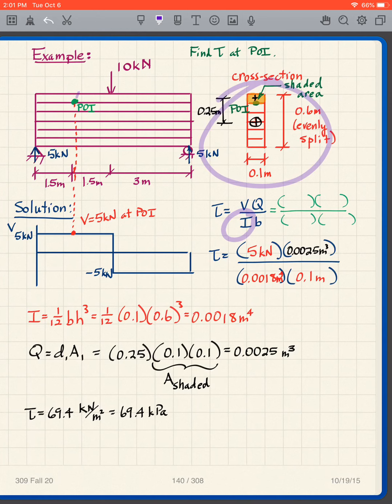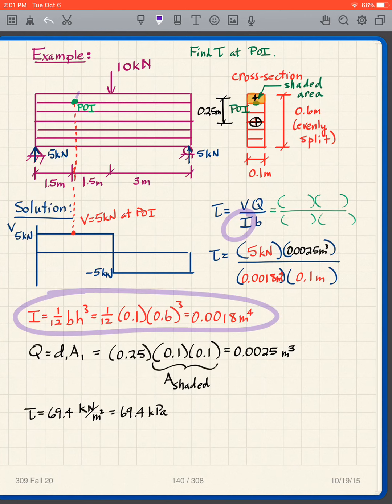Forget the laminations. They don't make a difference. The laminations are just illustrating where our point of interest is. So it's a rectangle. B is 0.1. H is 0.6. So 1/12 BH cubed, 1/12 times 0.1 times 0.6 cubed.